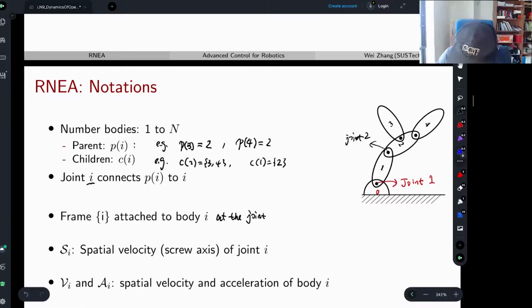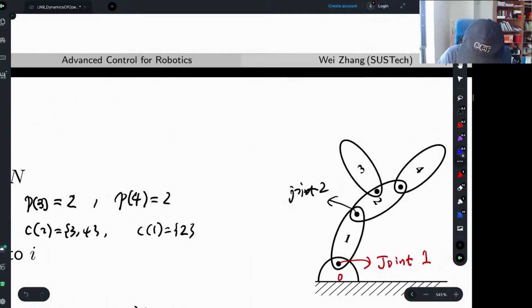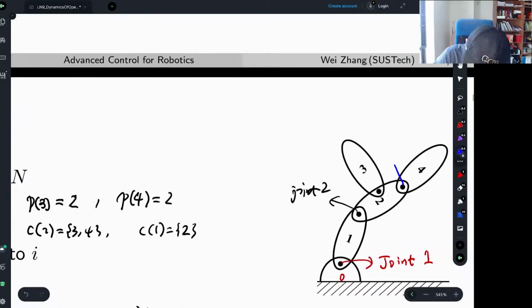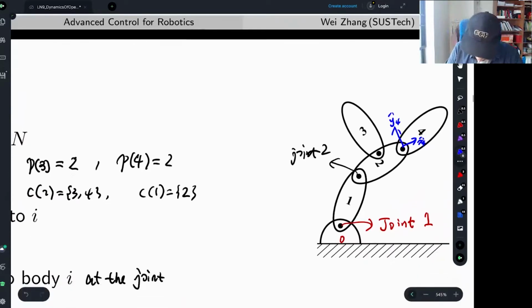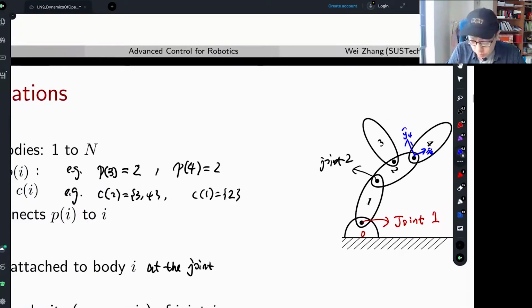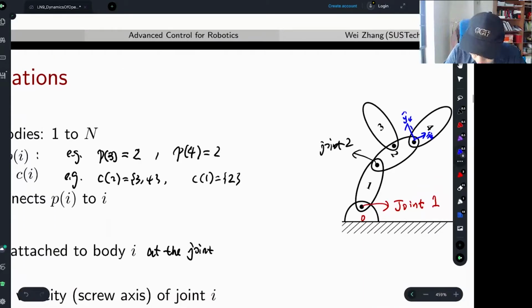For example, I may say this is my joint, let's call it X4 hat, Y4 hat. Z will be pointing outward, out of the paper, then this is my local coordinate 4.